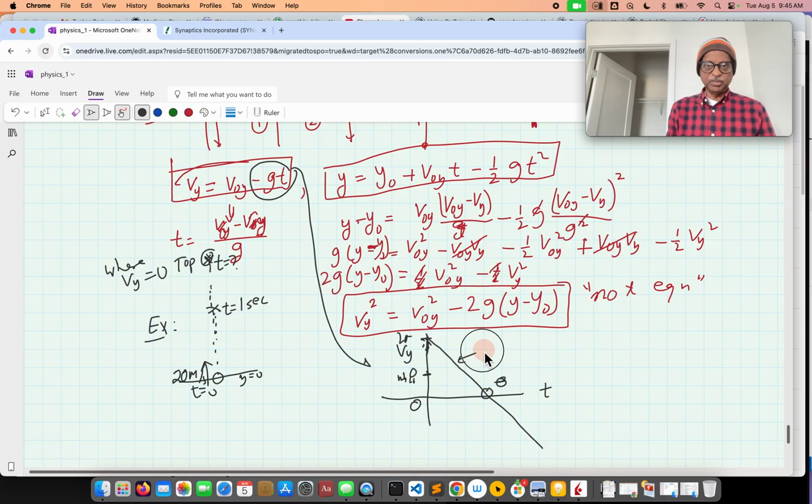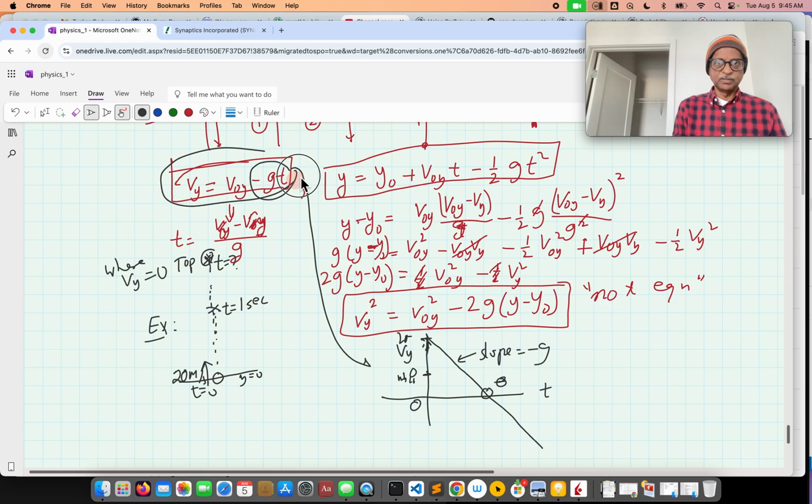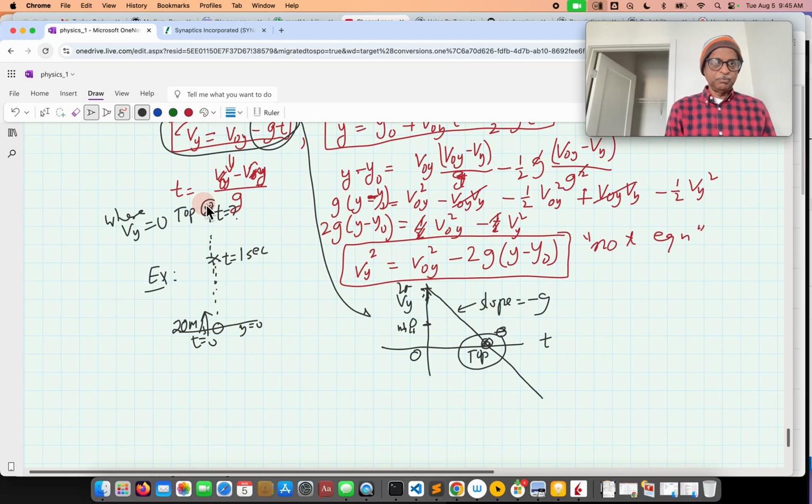So the slope is minus g according to this equation. So this is the top. At the top point it is going to have zero velocity. So you can ask those questions. Let's pick one. Let's pick this question. How high will it go? Okay, so this is say h, and how much time will it take to get there.